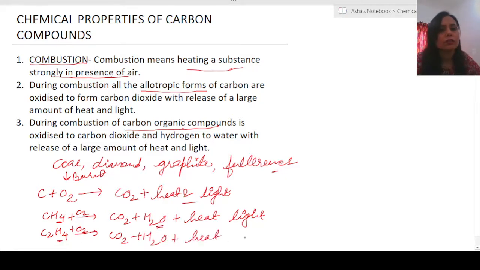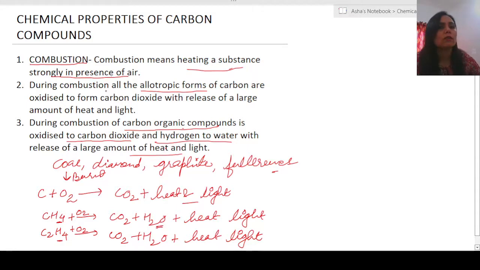So this is a combustion process, and in this combustion process what we are seeing is carbon going to carbon dioxide and hydrogen to water with release of large amount of heat and light.